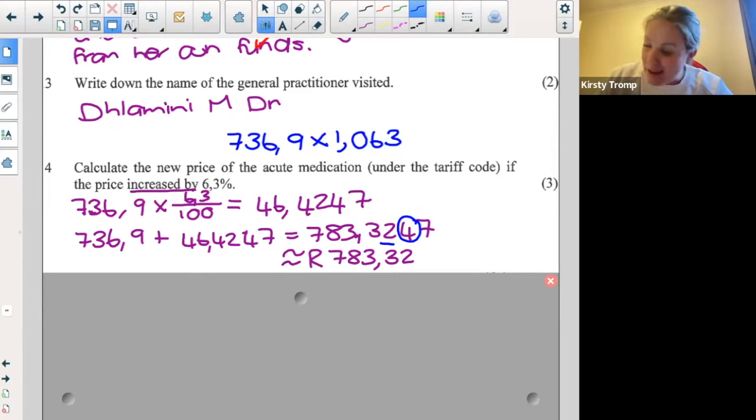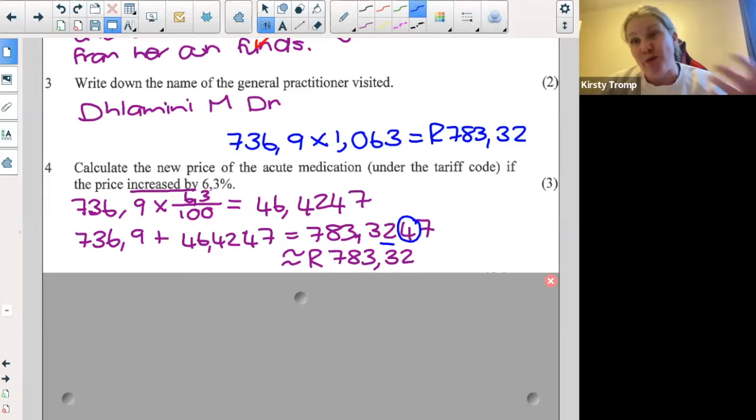Equals, and when you put that on your calculator, it'll give you 783,32.